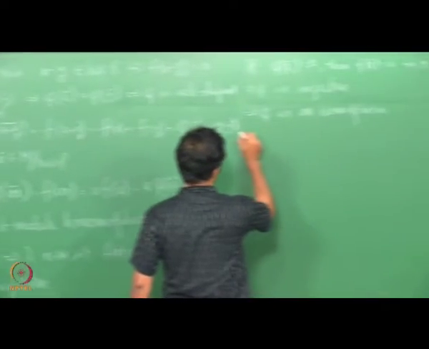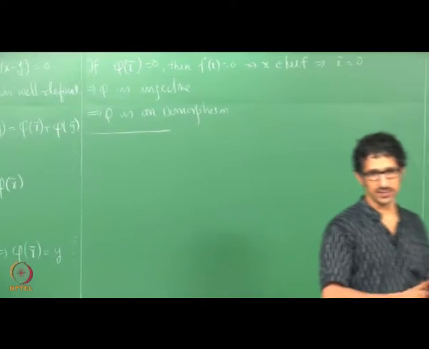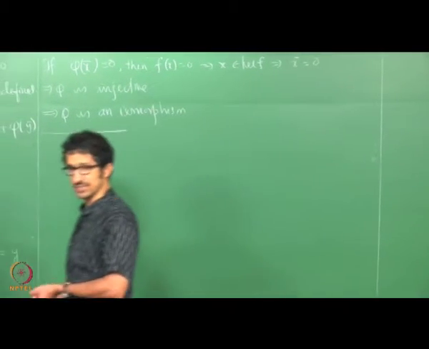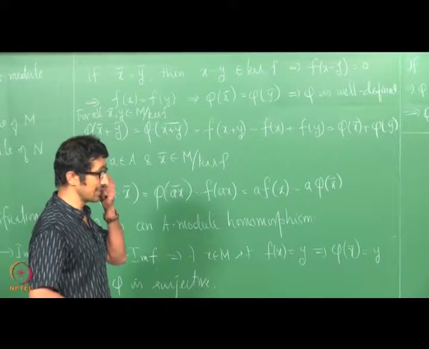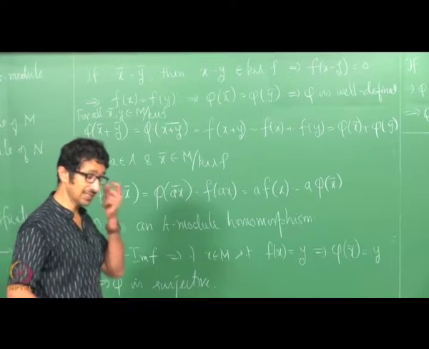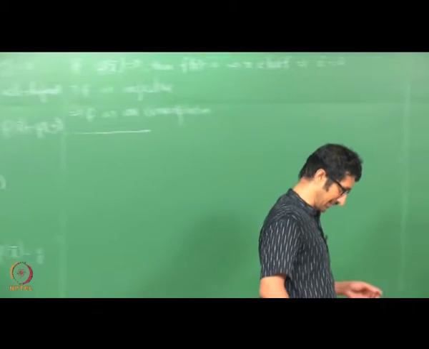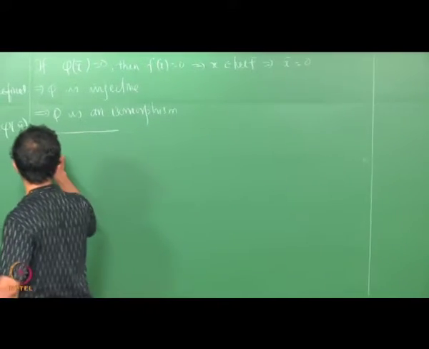So, the proof is pretty similar to the proof that you have done for groups and for rings. There are some interesting consequences, as in the case of groups or as in the case of rings and so on.